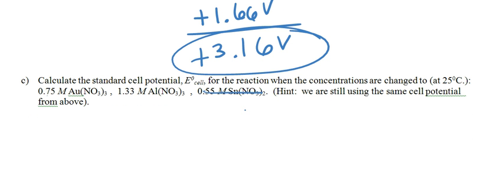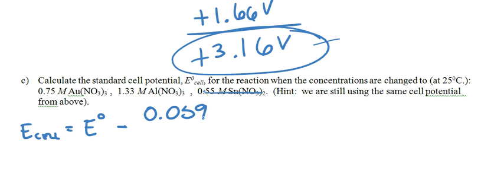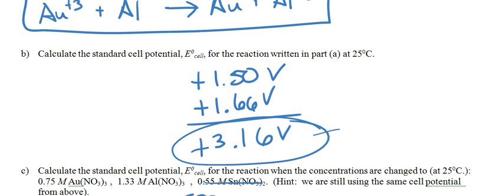So again, for the cell potential, we get to use the Nernst equation here, which is E cell is equal to the voltage under standard conditions minus 0.592 divided by N.